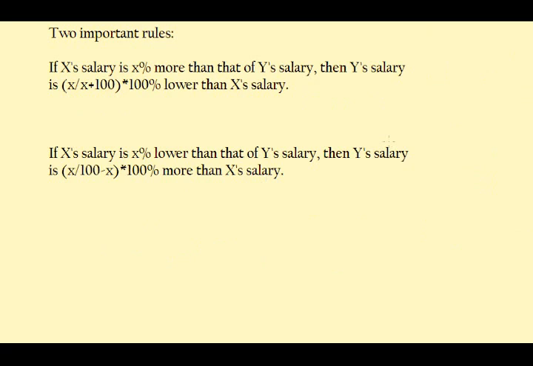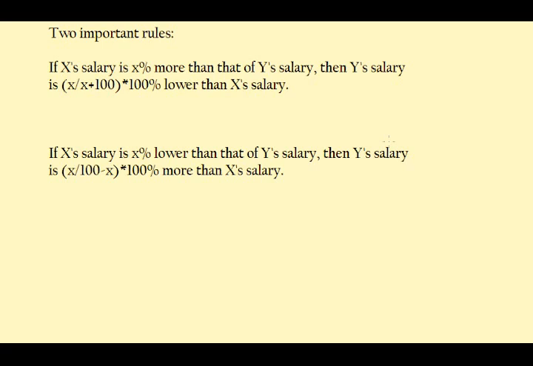So here are again two important rules. If X salary is X% more than that of Y salary, that means X upon 100 plus X, then Y salary is X upon X plus 100 into 100% lower than X salary.